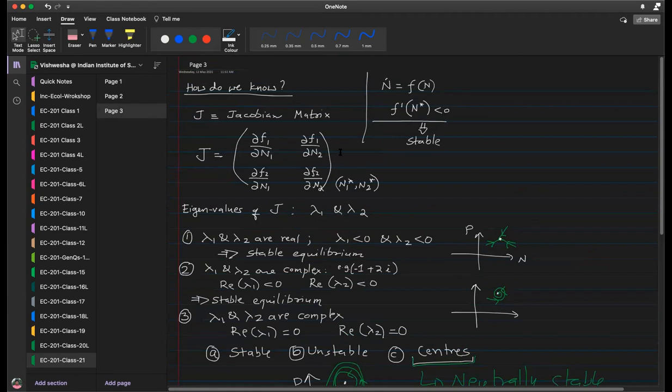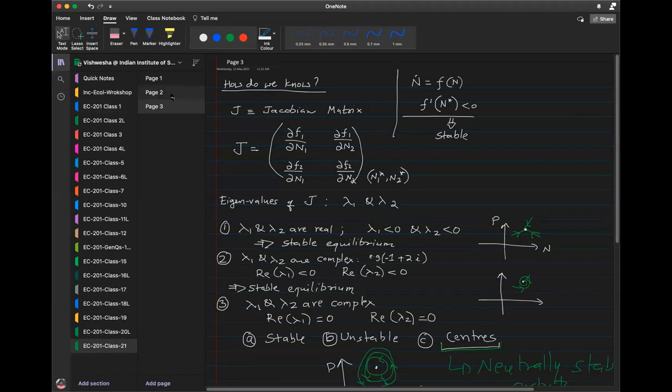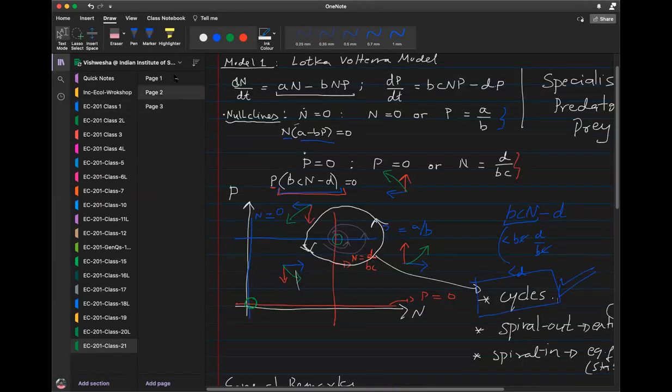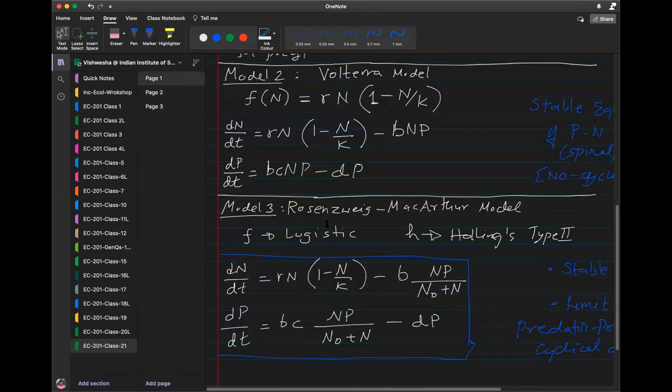Basically, can you construct the Jacobian by doing simple derivatives, and then can you find the eigenvalues in general? If you remember your high school matrices, you will have to revise that to be able to do this. But in the exams, don't worry, I'm not going to bother with these kinds of questions. Okay, any questions?